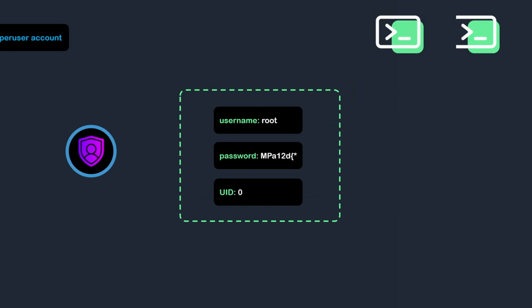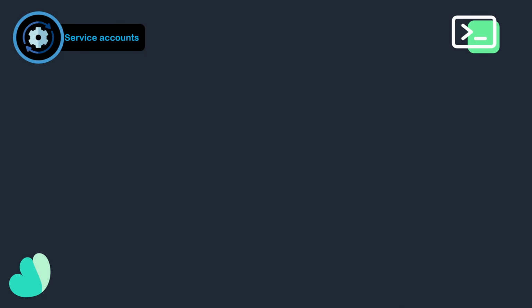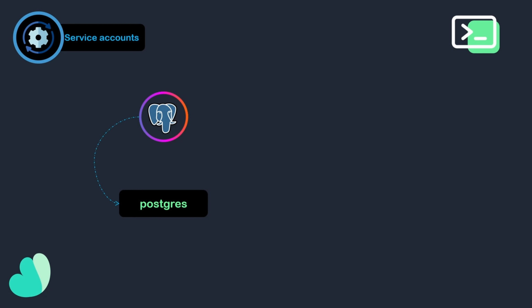Let's talk now about service accounts. While user accounts are meant for humans, service accounts are meant for services, daemons, and applications to run with the right permissions. For example, the Postgres service runs under a service account known as postgres.